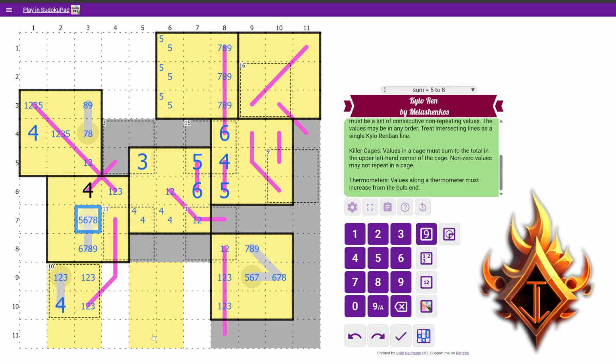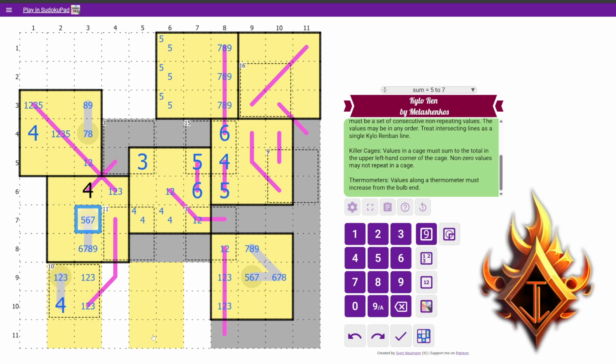This cannot be an 8. If this is an 8, that is a 9. So that cannot be 5, 6, 7. What about if it's a 7? If it is a 7, it can't be that either, can it? If it's a 7, it would be an 8, 9.